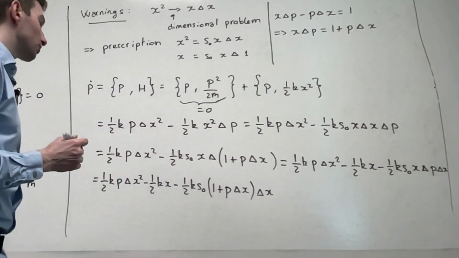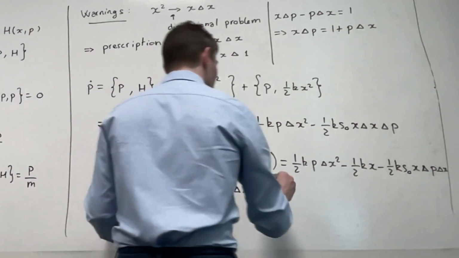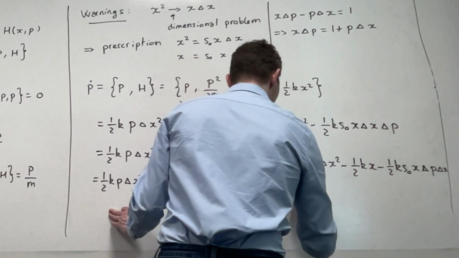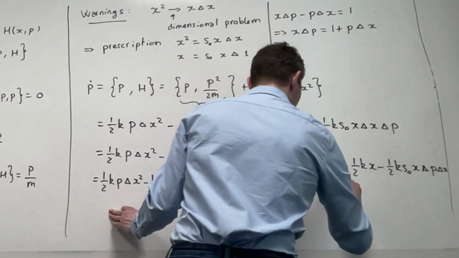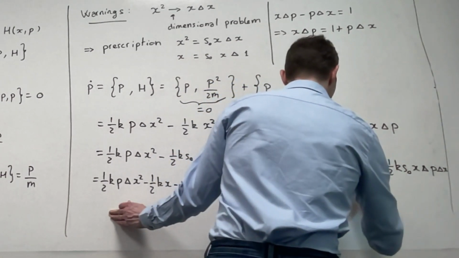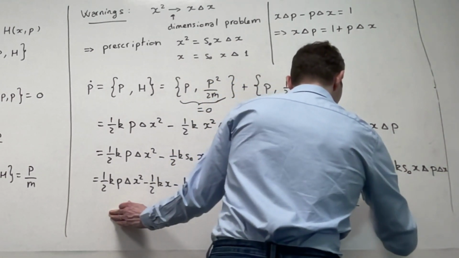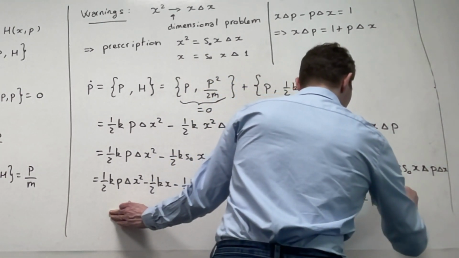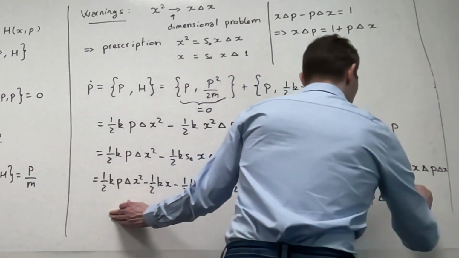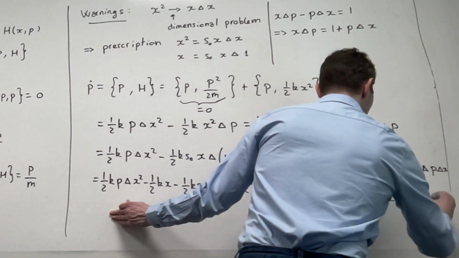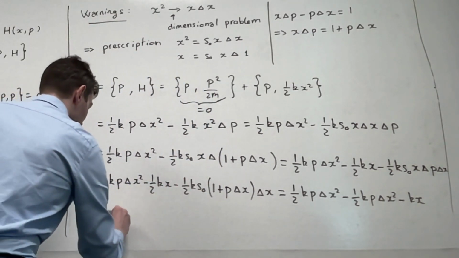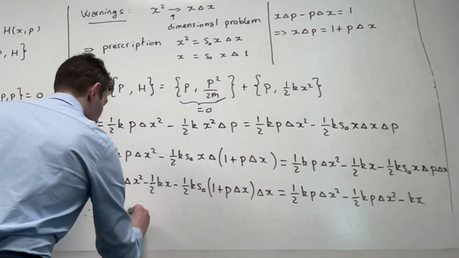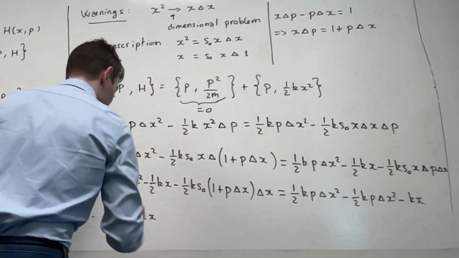This is actually going to give us the following: half k p triangle x squared, then minus half k p triangle x squared, and then minus k x. And so all in all, what we end up with is that p dot is equal to minus kx.